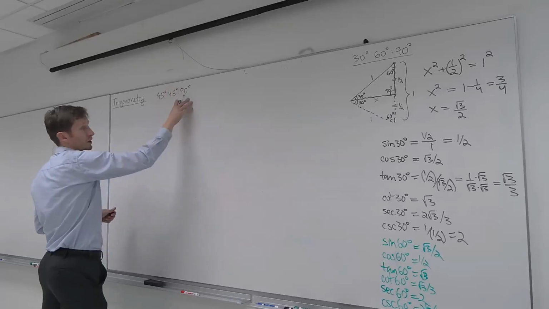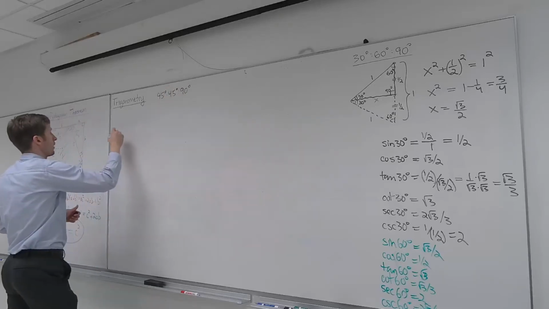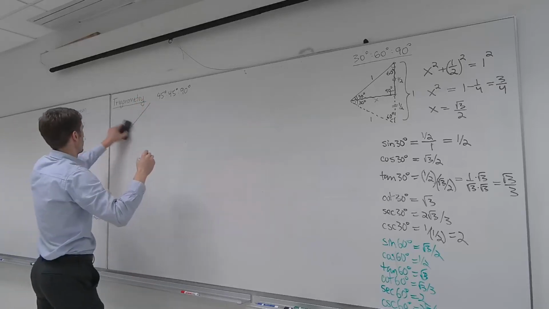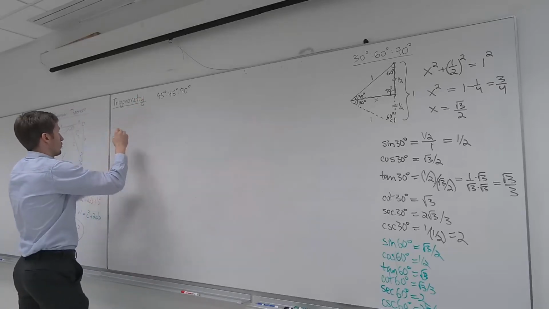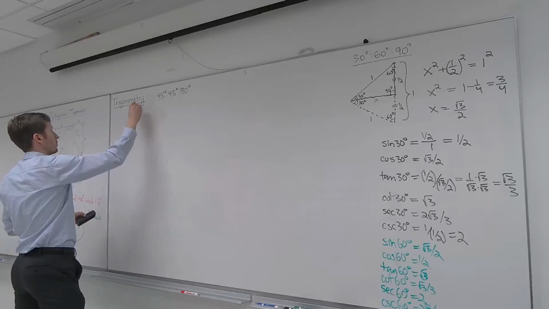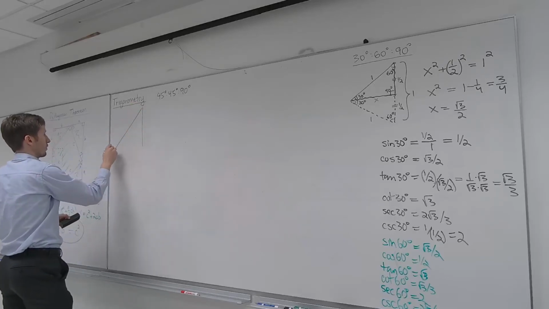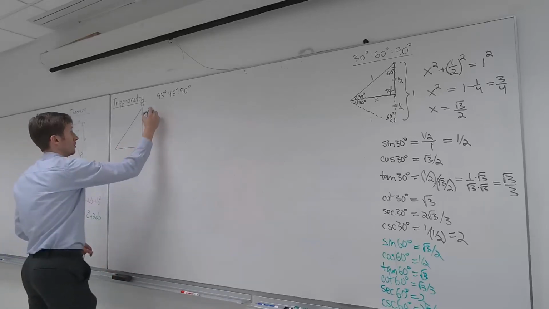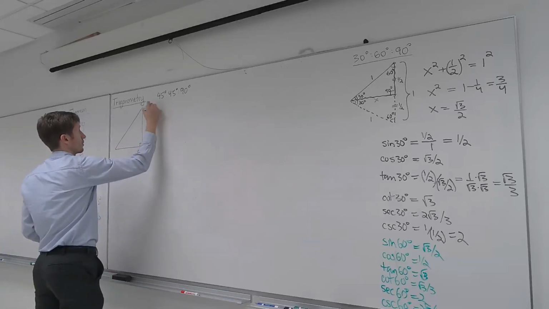The sum is 180 degrees, it's a triangle. It looks like this, or a bit more neatly like this. So kind of a 45 here. By the way, they're both 45 degrees, right? So we have an isosceles triangle.